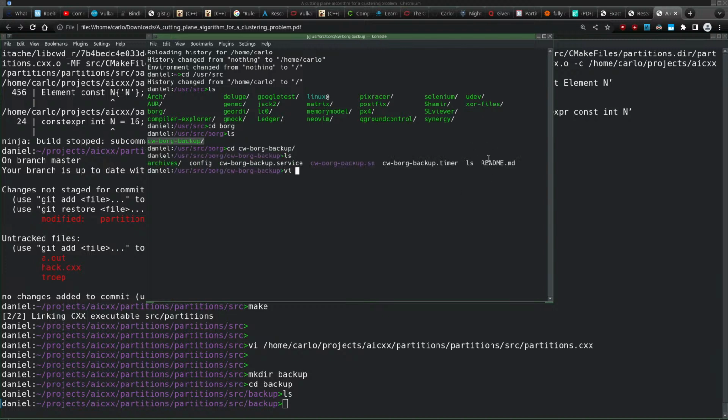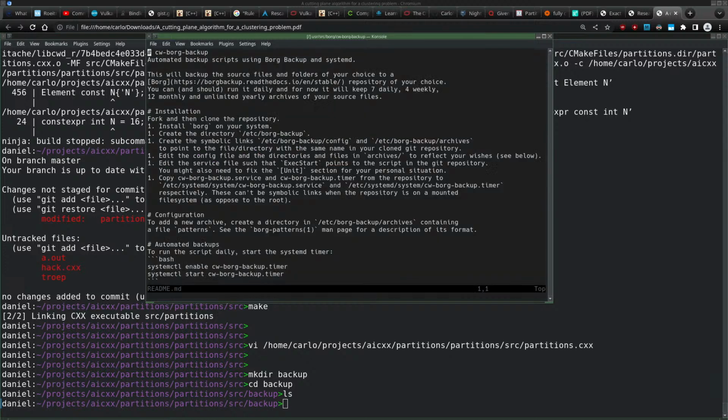Don't call it a readme. Please tell me how to do this.